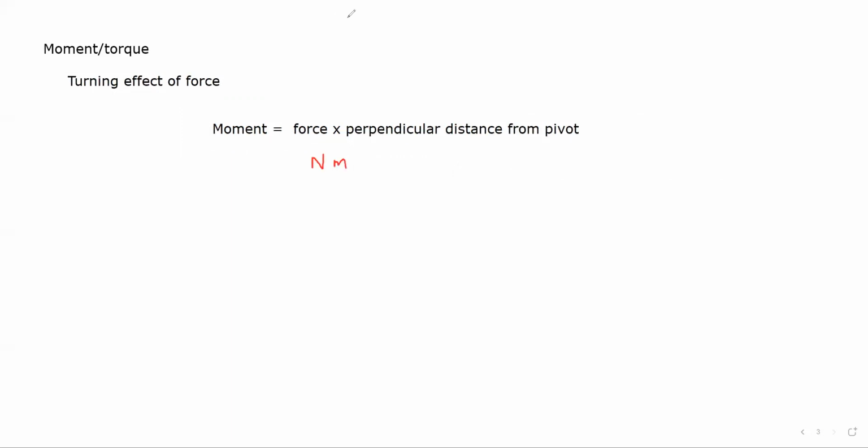So it is Newton meter, and it is a vector quantity. When we say it's a vector quantity, it means that it has a direction. But what are the directions? Because when an object is rotating, it can be anticlockwise or it can be clockwise.